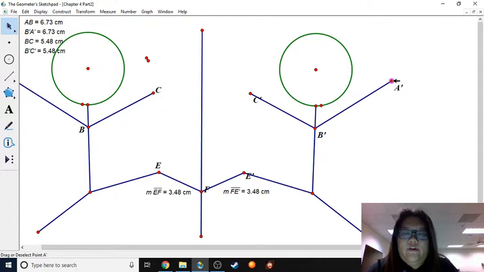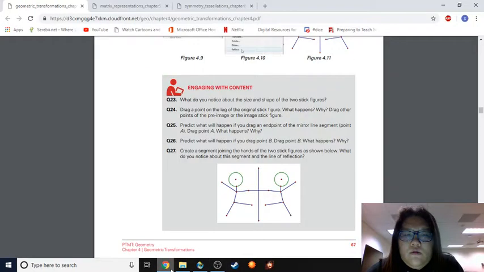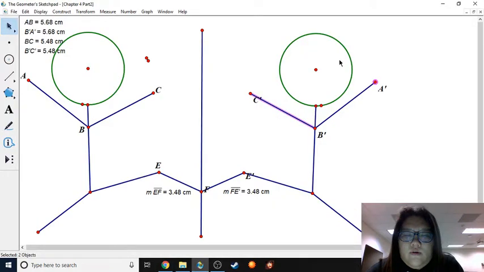All right, on to question 25. Predict what will happen if you drag an endpoint of the mirror line segment. What happens? Well, let's say this is line segment A. If I were to move this, the right arm of the mirror image, then the left arm of the original image would move. See?